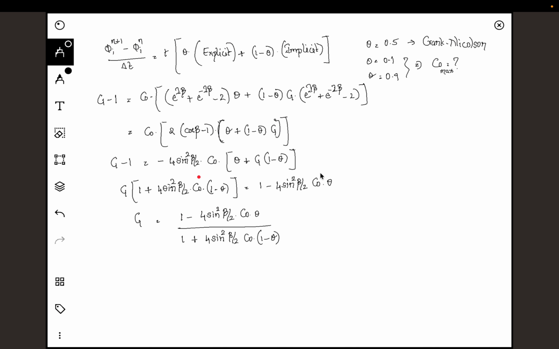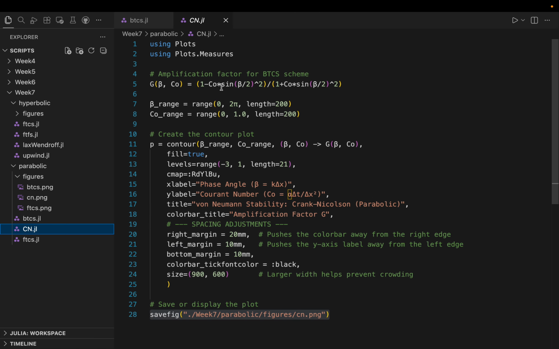One minus cos beta is 2 sin square beta by 2. Let me write it the same way. We have 4 times, let's say 0.9. I'm taking theta as 0.9.